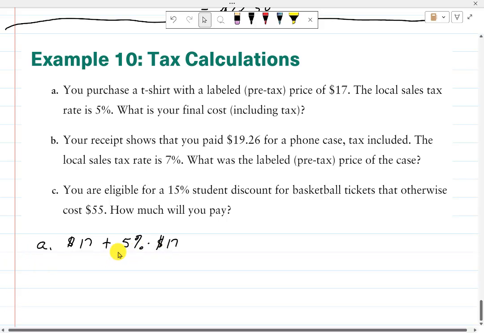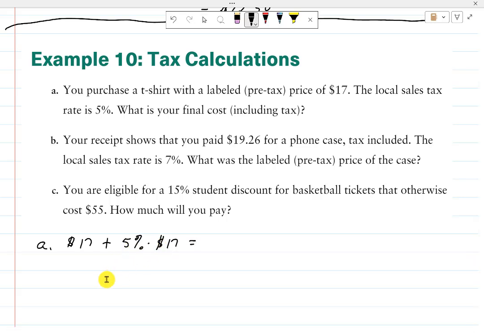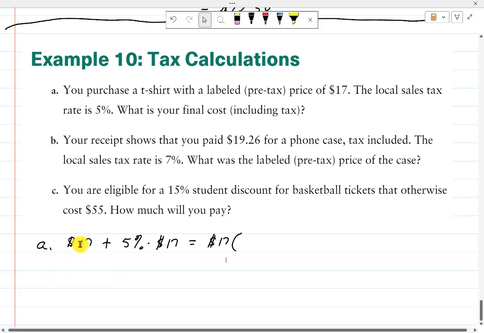So this piece here is the tax amount. Now you might find it very useful to factor out the $17. I've got two terms, one from here and one from here. When I factor out the 17 from itself, we're left with a 1.